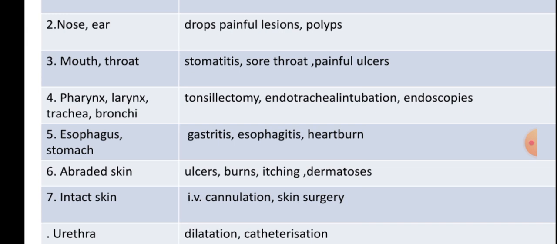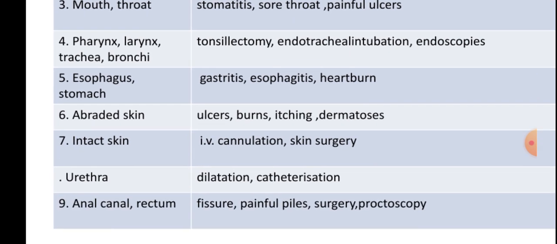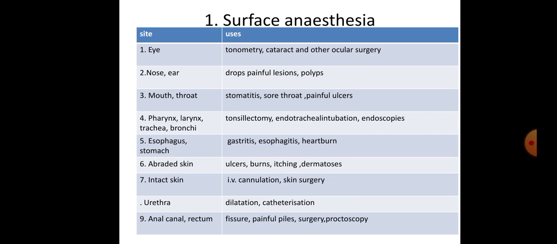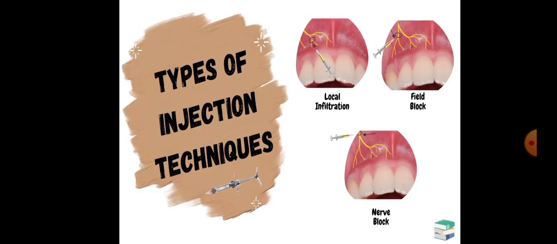And abraded skin: ulcers, burns, itching and dermatosis. Intact skin: for IV cannulation and skin surgeries. Urethra: dilatation and curettage and also catheterization we will use. Anal canal and rectum: fissure, painful piles, surgery and proctoscopy, we will use surface anesthesia.